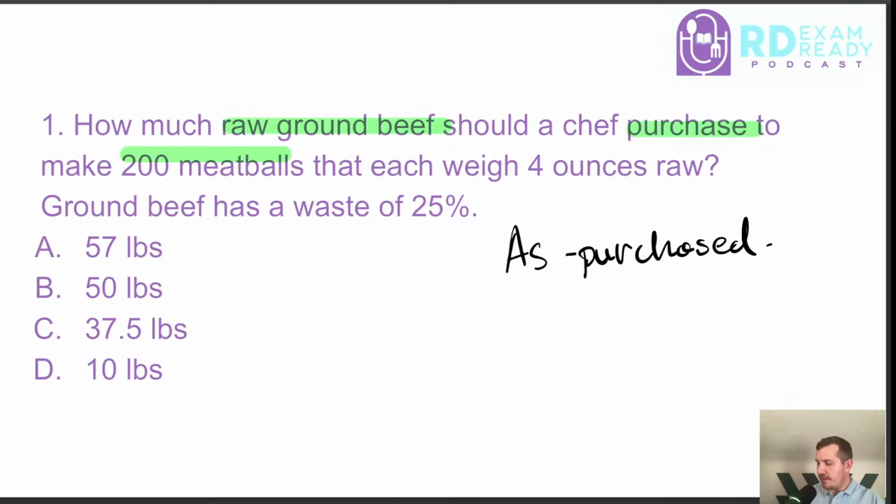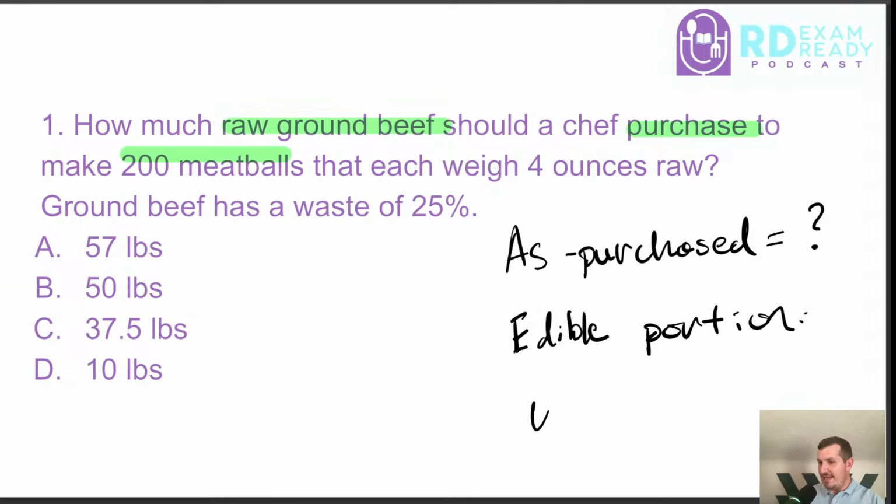So when I start an EP/AP question, I always write down what they want me to know. What's my as purchased? What's my edible portion? And then what's my yield? Okay, so I always want to write down those three pieces and make sure I have those down there: as purchased, edible portion, and yield.